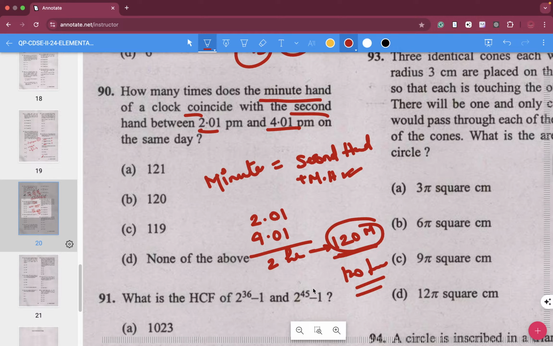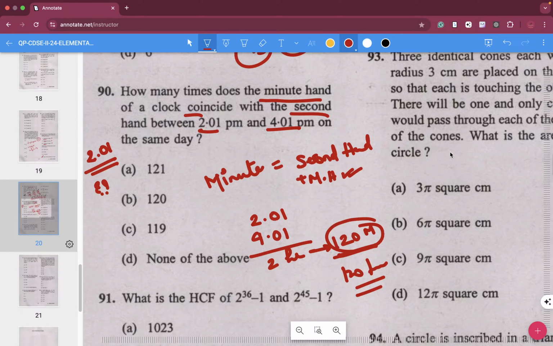But now imagine the time itself right now is 2:01. In that case, will your second hand and minute hand coincide? But the time over here is 4 hours and exactly 1 minute.